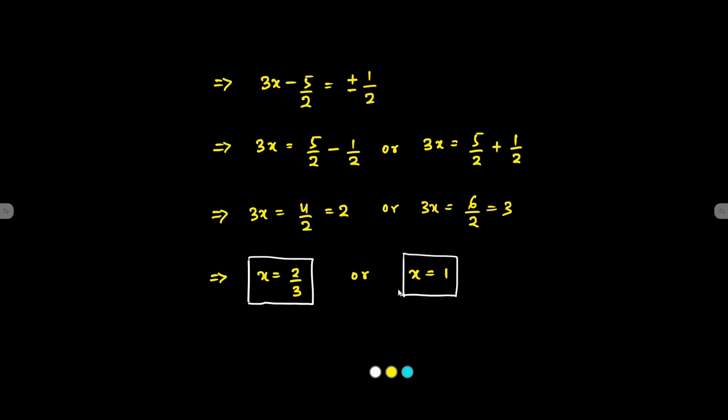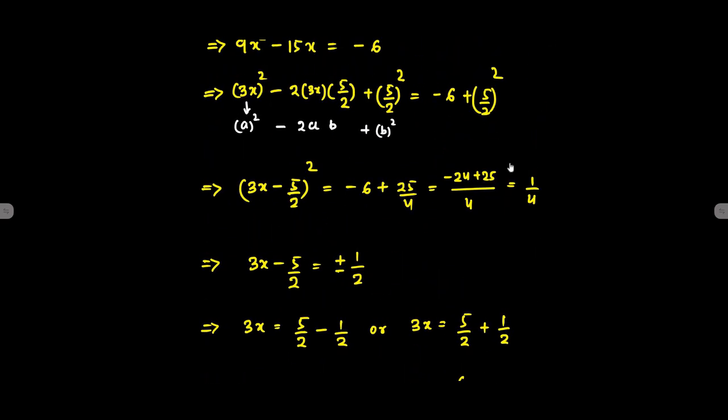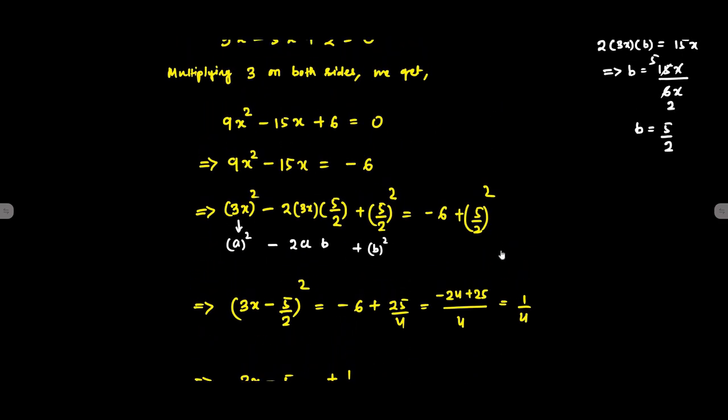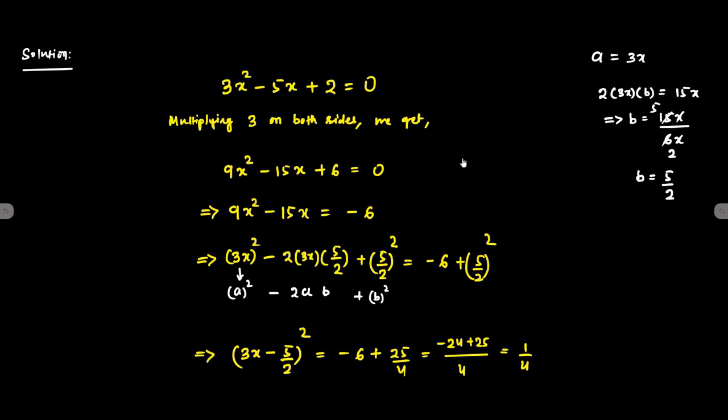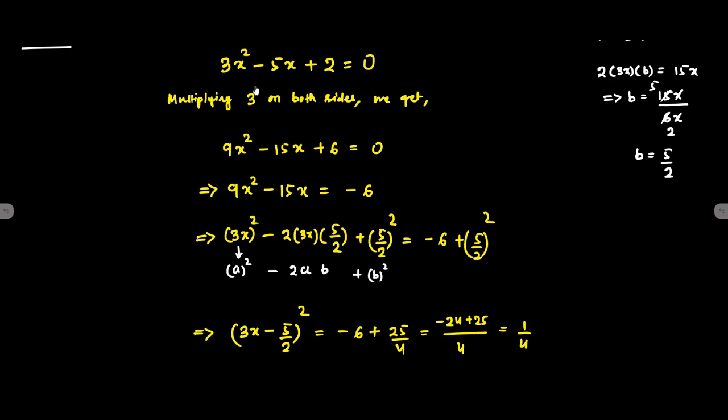So here the approach was the same, but what we did on our own, so that we can easily convert it into a perfect square form, was multiply 3 on both sides. If we had avoided that, we would have had to do root 3x whole square, and it would have been root things. Square root things can be a little complicated to handle and can unnecessarily lead to mistakes.